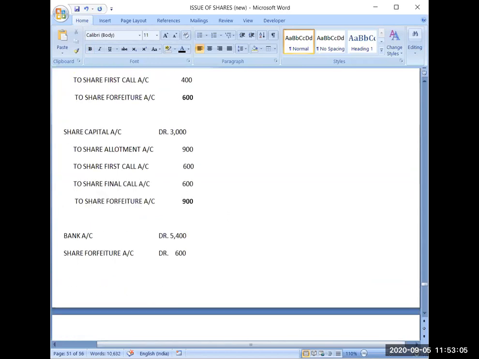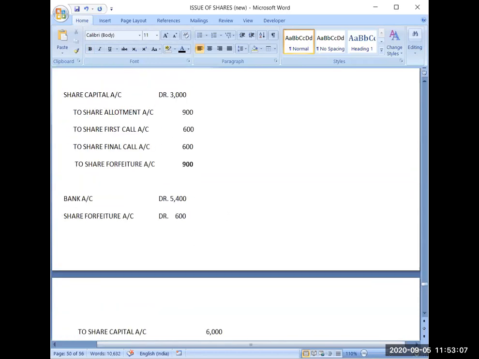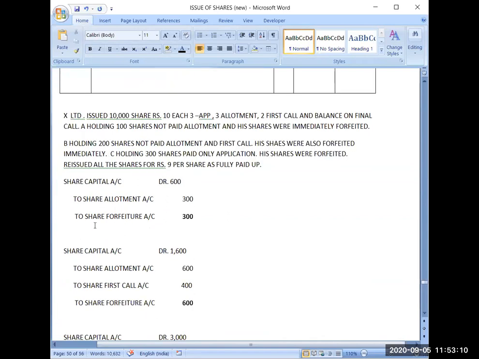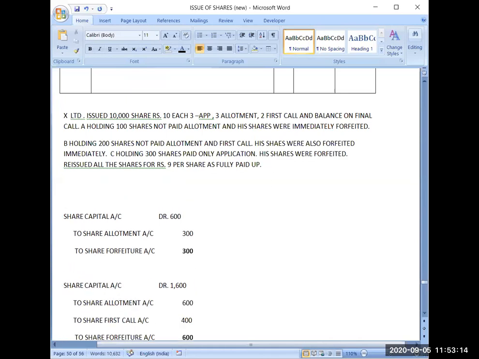Now this question has been done. Now I am changing this question a little bit. I am changing the last line only. If fewer shares are reissued as compared to forfeited, that I am coming to on the topic now, and let's see how many of you are able to solve it.